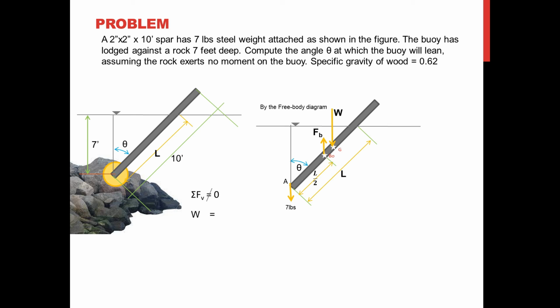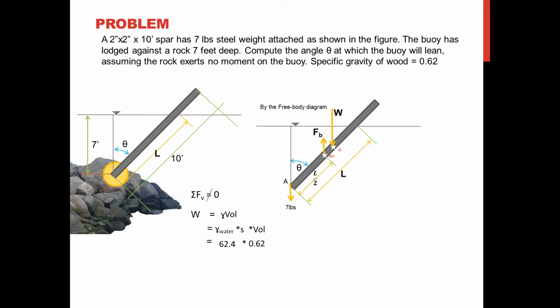So weight here rather will be equal to gamma times volume, and gamma will be expanded to the gamma of the standard substance times the specific gravity of the material times its volume. So gamma of water is 62.4 PCF, or pounds per cubic feet.